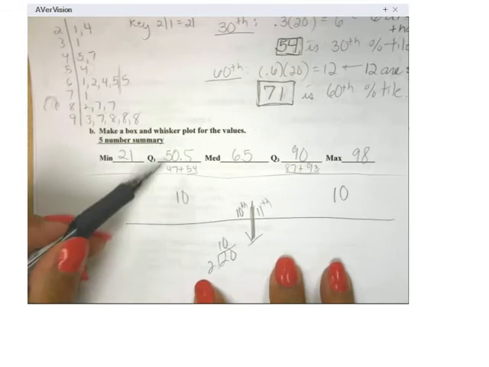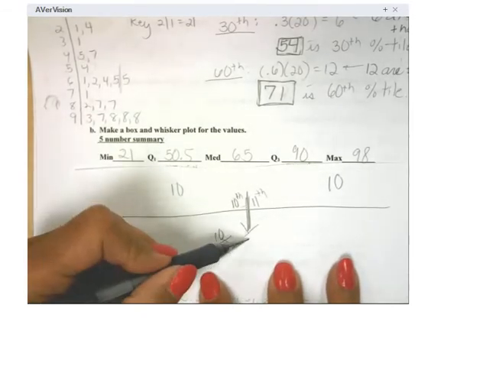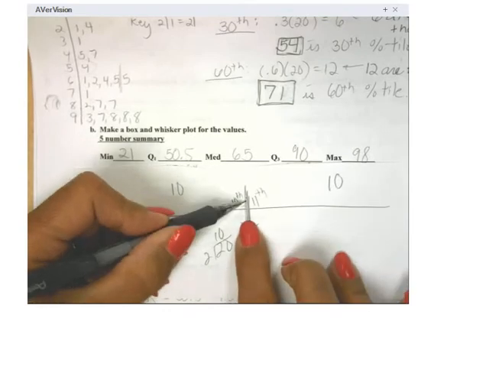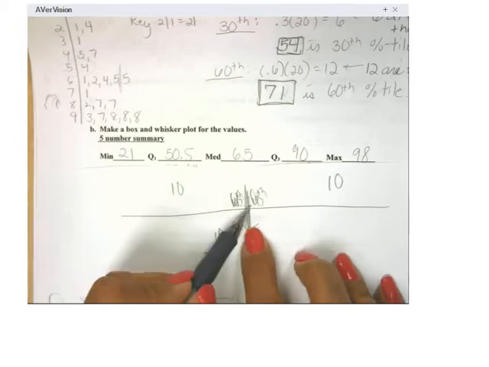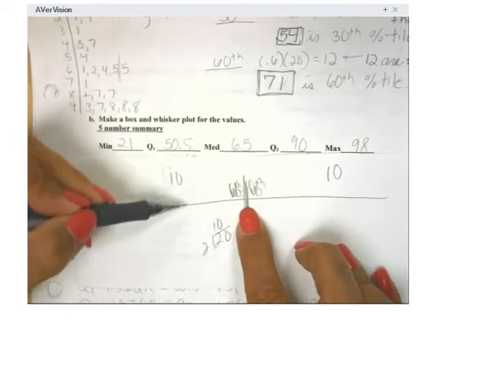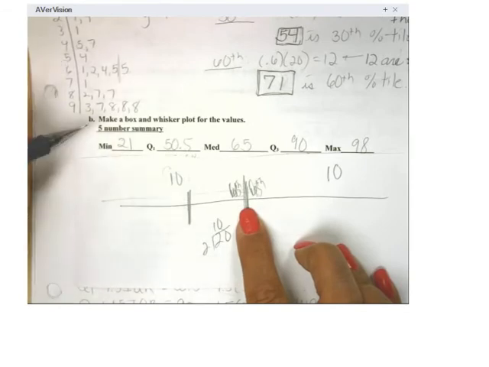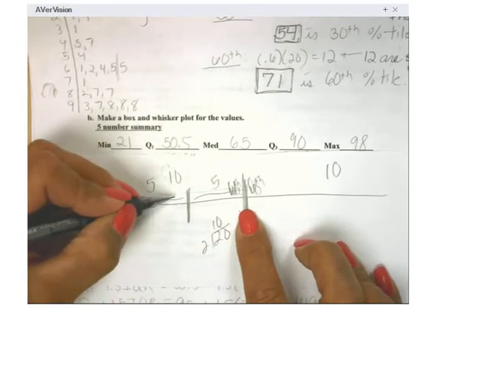Now, I need to find this first quartile. There are 10 numbers which are positionally below the median. This number is a 65, this number is a 65. There are 10 numbers down here. 10 divided by 2 is 5, so I need to split this list in half. I need 5 numbers here, 5 numbers here.